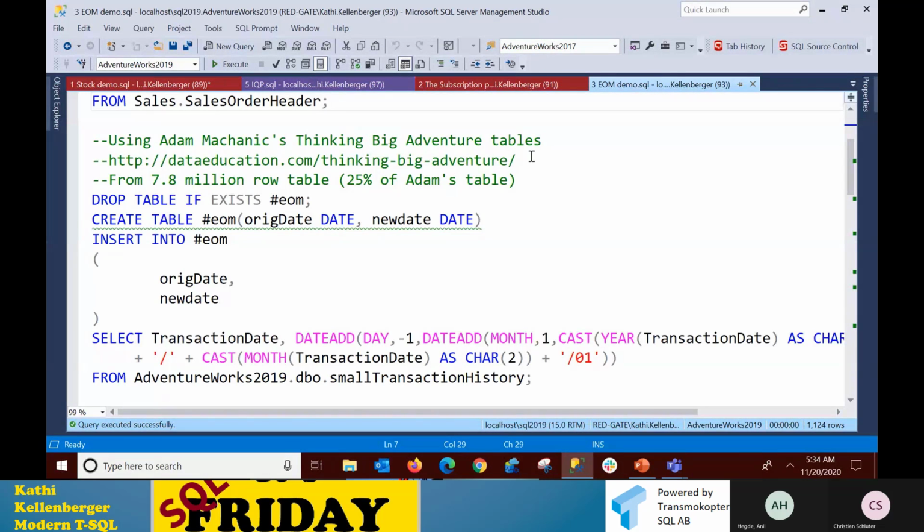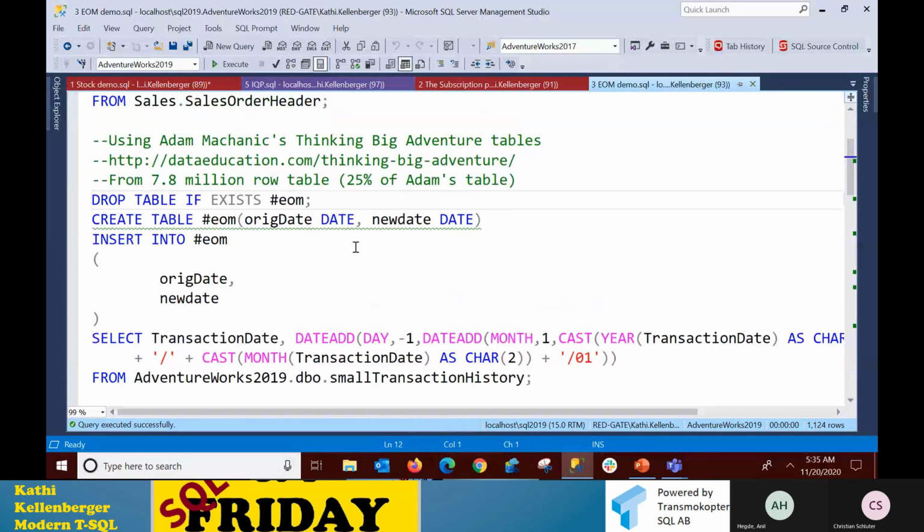You can download these scripts from him and create a pretty big table. One of them is over 31 million rows, but sometimes that's too much for demos, so I often like to make copies of that table and just make them smaller. In this case, I have one I call small transaction history, which is just 25% of Adam's table.